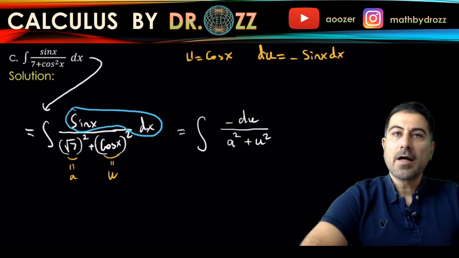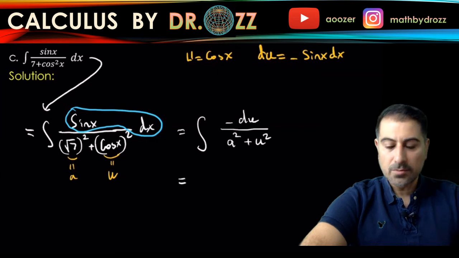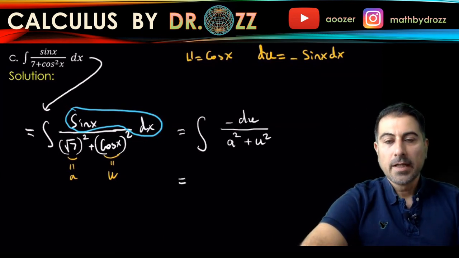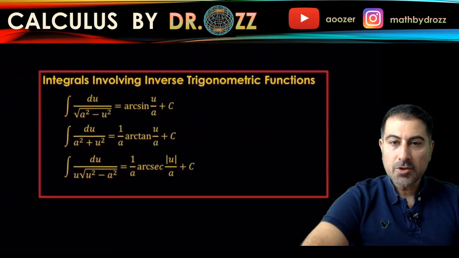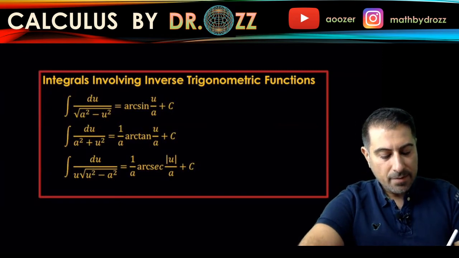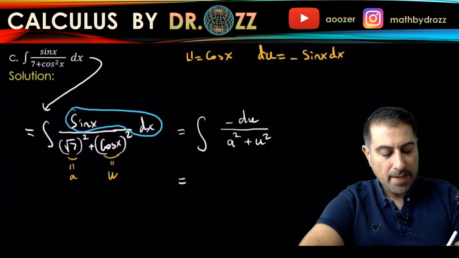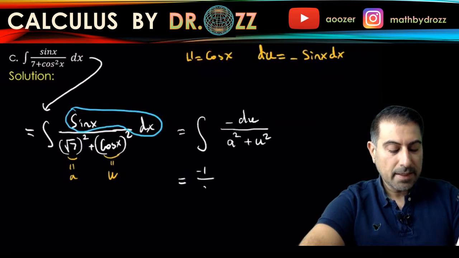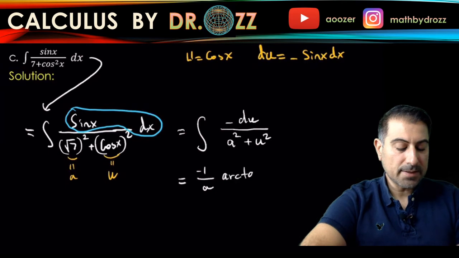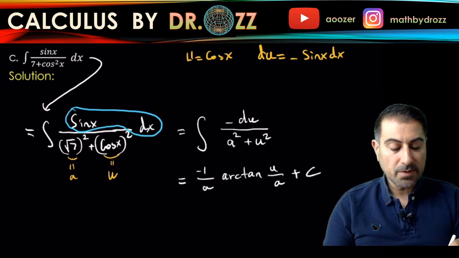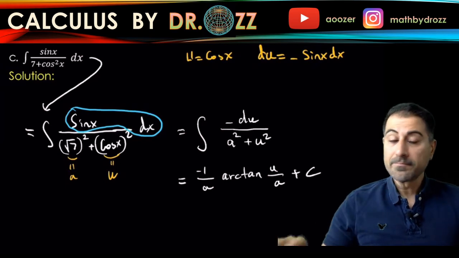So then what I'm going to do next is to get back to the formula and then just copy what the formula has to say, which is 1 over a arctan u over a. So I'm going to go ahead and write this as minus 1 over a arctan u over a plus c. And the reason why we have a minus sign here is just because of this minus sign here.